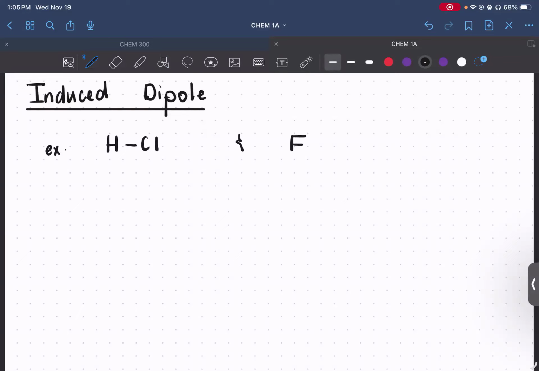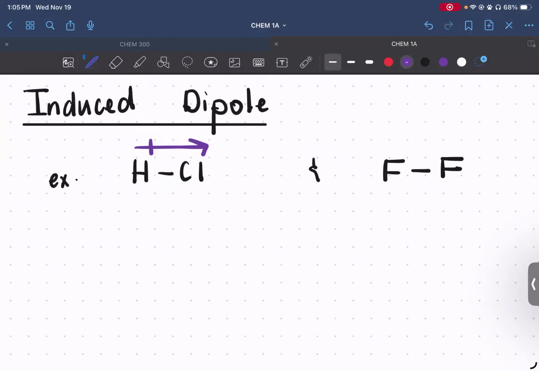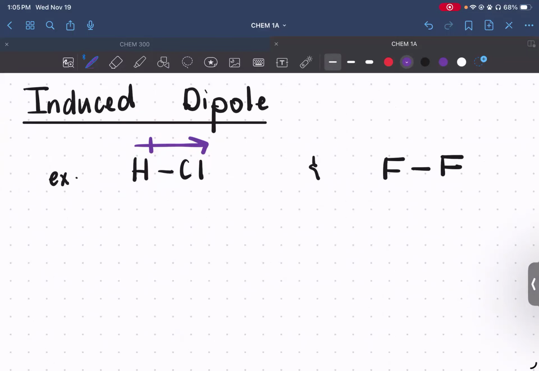And one of the ones that we saw that was nonpolar was F2. In the case of HCl, we can draw the polar arrow that clearly tells us slightly positive and negative. And of course, in the case of F2, this is nonpolar. Why? Because there is no uneven sharing. They're both fluorines, they're equally sharing.